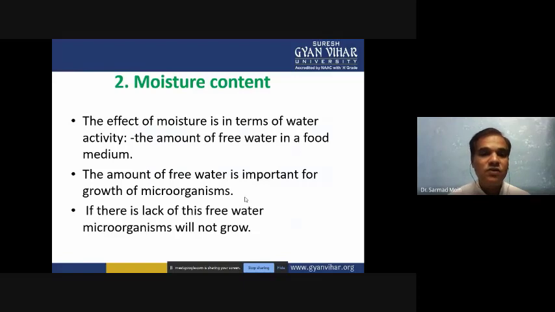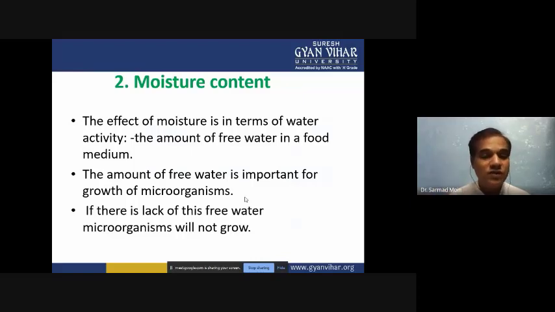Only the amount of free water is called the moisture content, and that free water is important for the growth of microorganisms. If food has more free water, microorganisms will grow very easily. If food has very little water, the chances of food spoilage will be less.